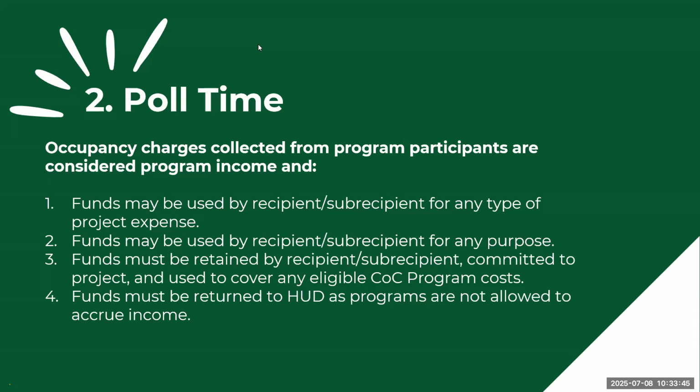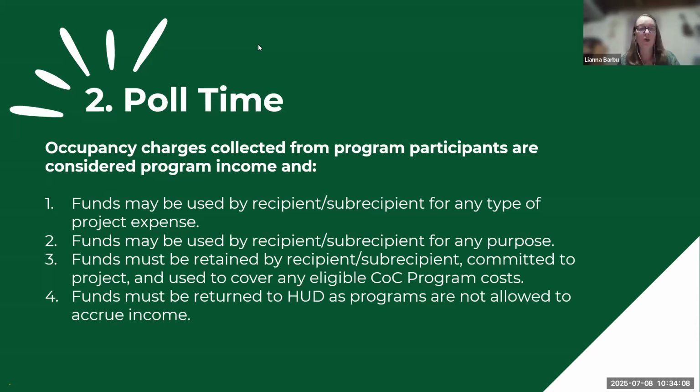The poll will be active for another 30 seconds or so, and I will share the results, and then we can move on, okay? I'm not sure if anybody sees what I see, but I'm not seeing answer options on my screen.